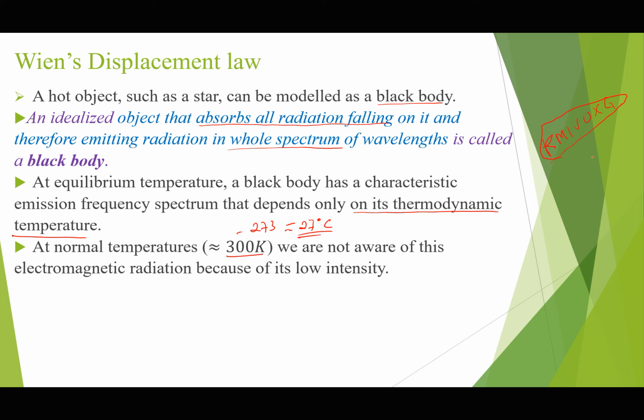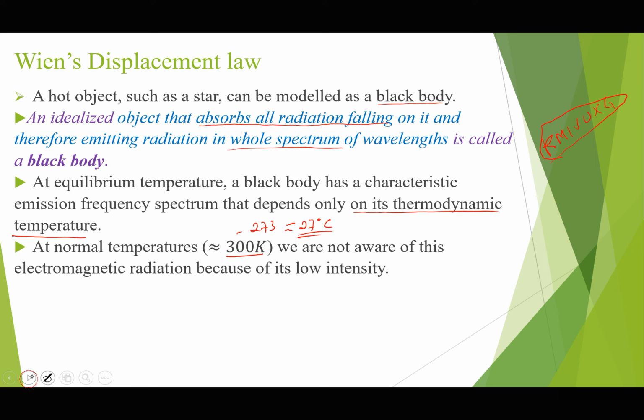That's why when you are seated somewhere, you may not know that you are emitting radiations from your body. But because you are acting as a black body, radiations are leaving your body. Because the temperature is low, the wavelength is high, and it is not in the visible spectrum, so we cannot see these radiations coming from your body. That's why we are not aware of them, because of their low intensity.